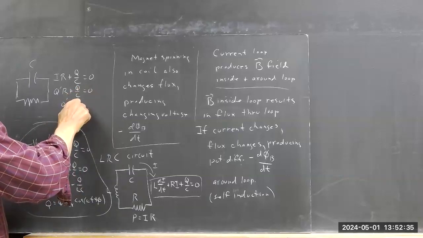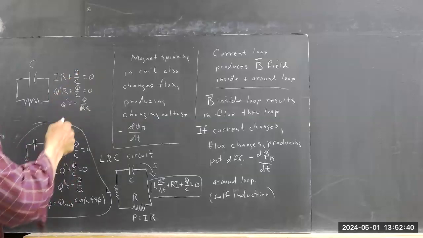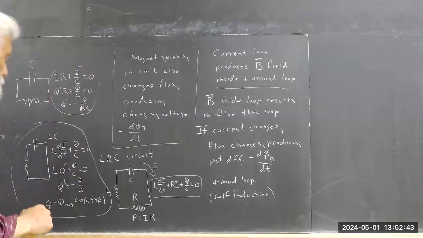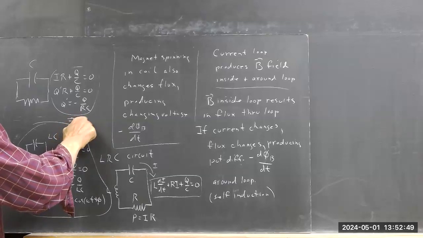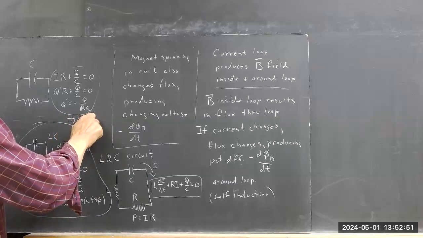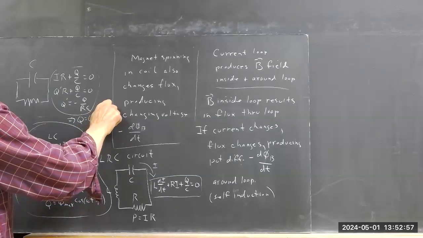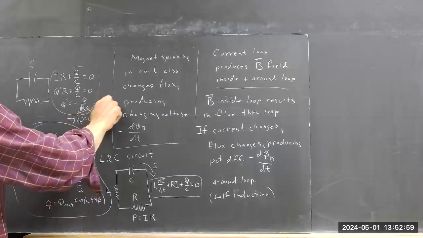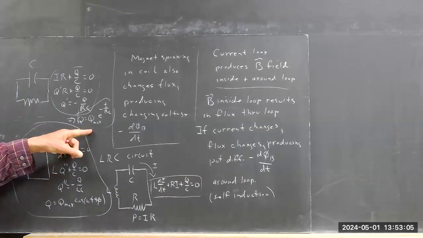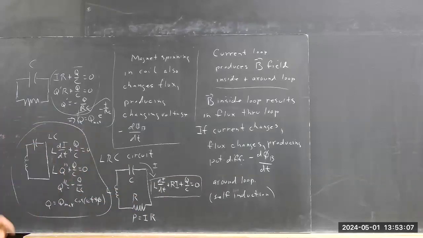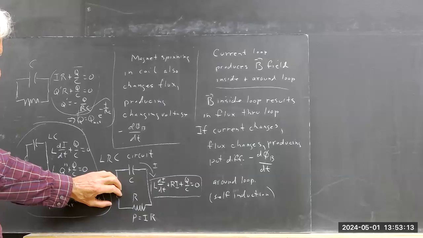So that Q prime equals negative Q over RC. And we did this last class, Monday. And you get this decreasing exponential. Okay. So that's this thing. If you leave the inductor out, you're going to get a decreasing exponential.